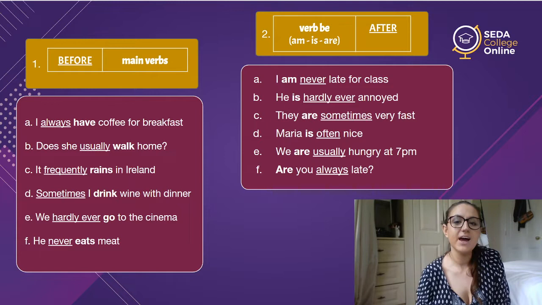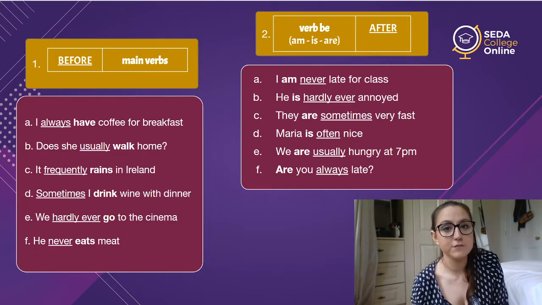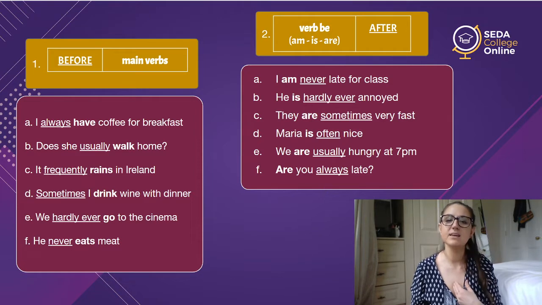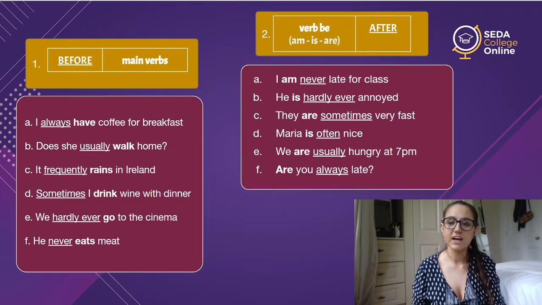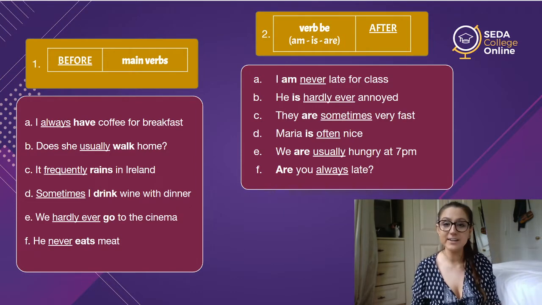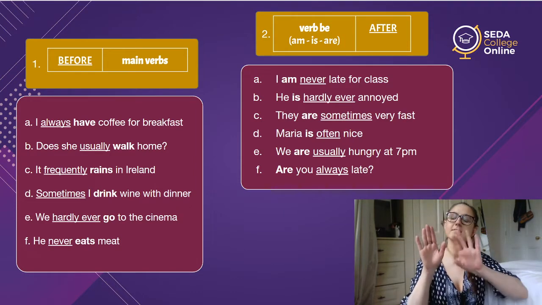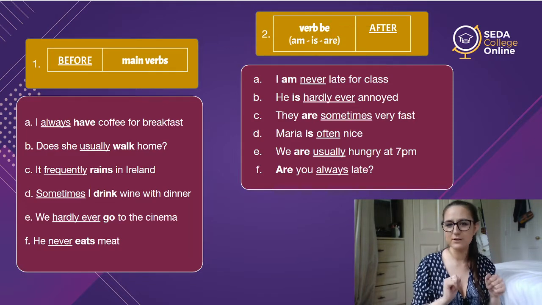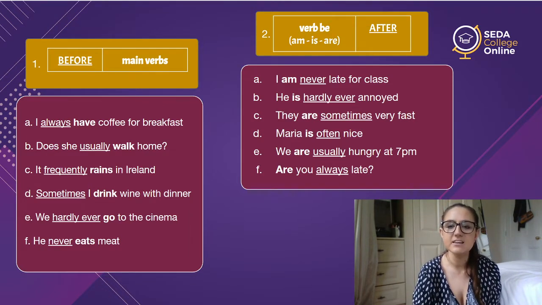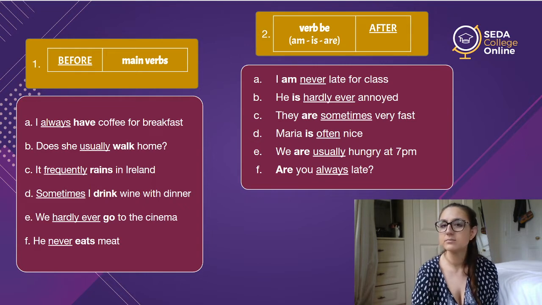C, they are sometimes very fast. So that's about me, teacher Gabby. She is sometimes very fast, which is true. So are, verb be, sometimes, adverb of frequency. We have D, Maria is often nice, right?